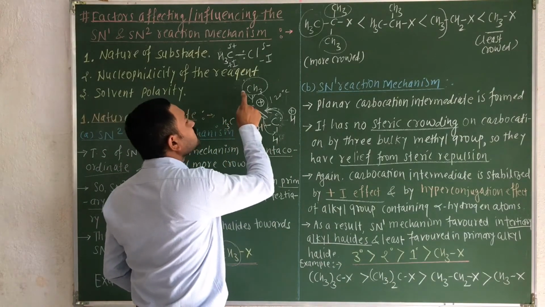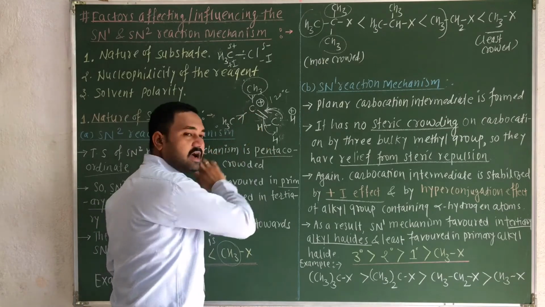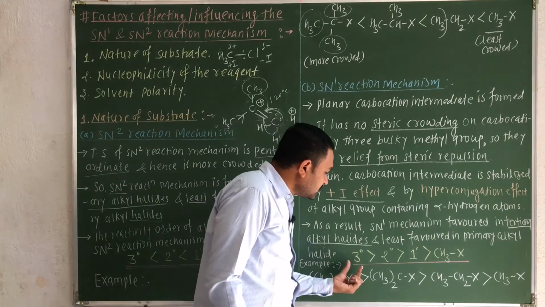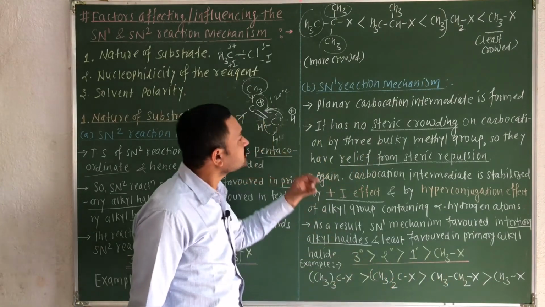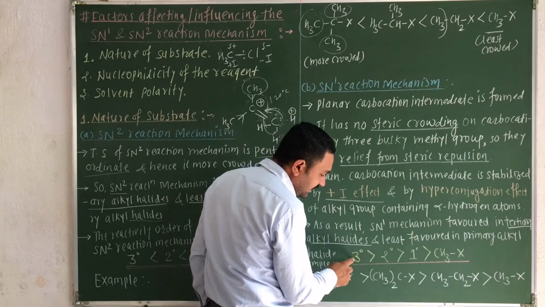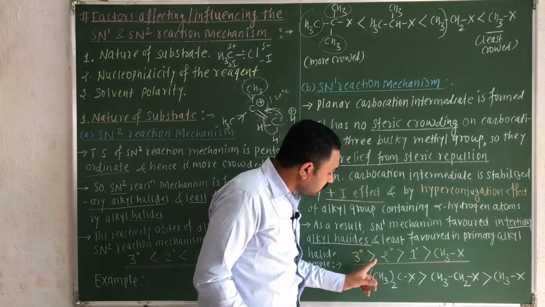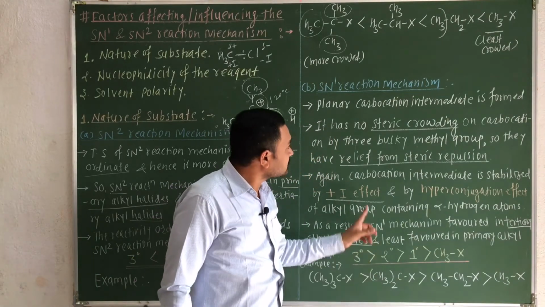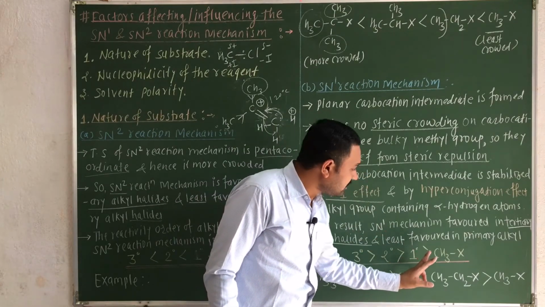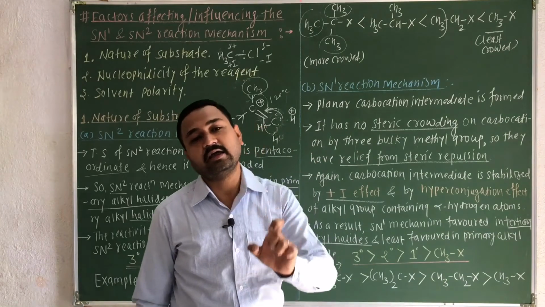Because they can show the positive inductive effect as well as hyperconjugation. Hence, the reactivity order of the SN1 reaction mechanism will be: tertiary alkyl halide will show a more favorable SN1 mechanism than secondary, than primary, and then methyl halide.